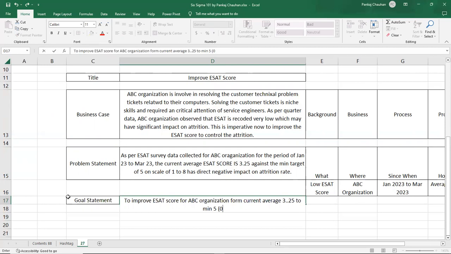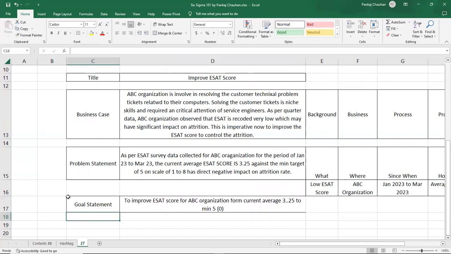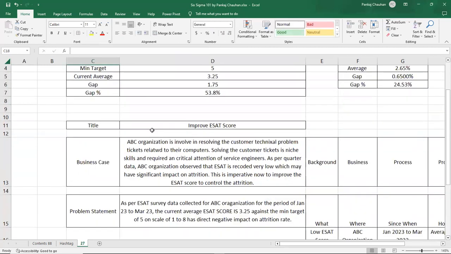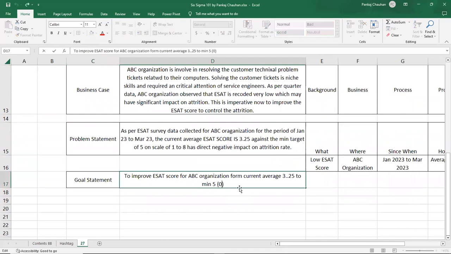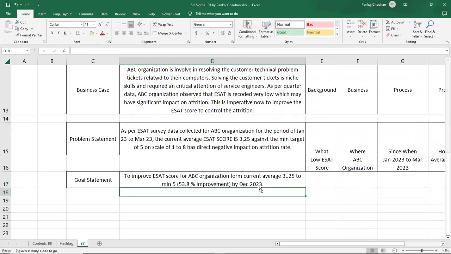When you are moving from 3.25 to minimum 5, how much percent improvement you are doing? We have done the calculation. This will be around 53.8% improvement. So here you will be writing approximately 53.8% improvement in the process. By when you want to improve it? Let's say in 2023, by December 2023 you want to improve. Here is my goal statement.